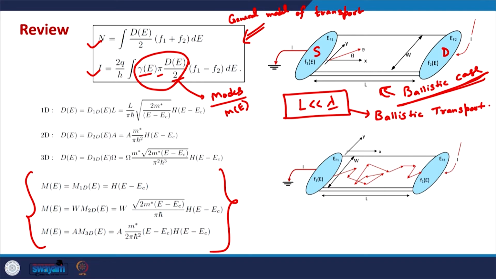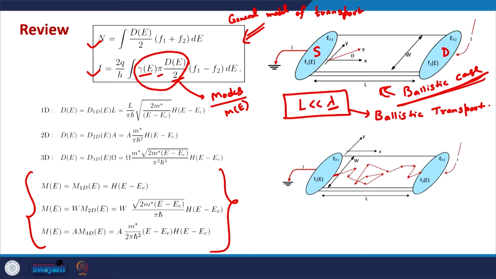What is the mean free path? Mean free path is the average distance traveled by the electron between two collisions. So when we have a large conductor, a large channel for example, electrons will collide with atoms and other particles or maybe other vacancies, and the transport will be something like this.